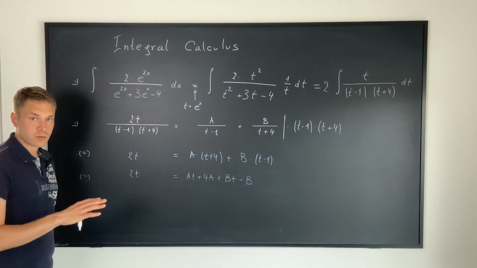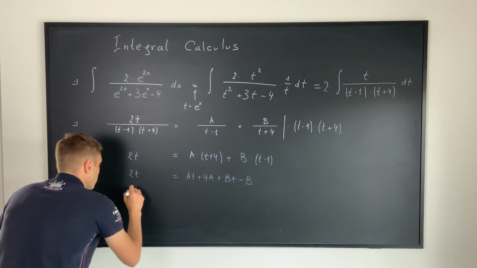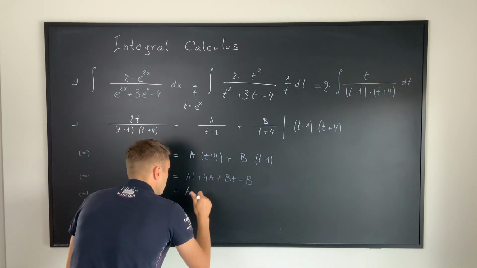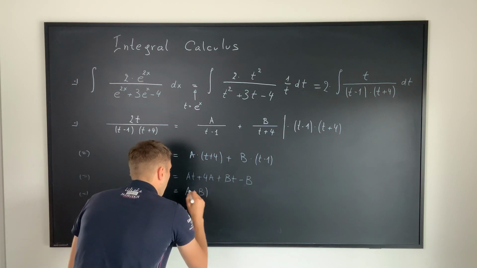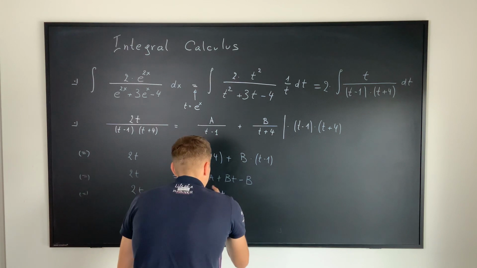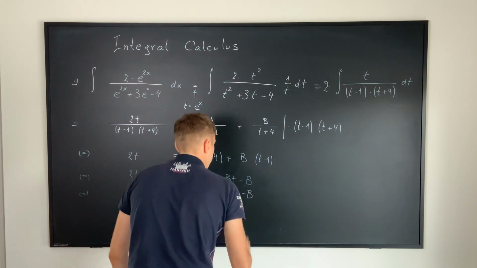So we regroup the two types of terms, and we obtain 2t equals a plus b times t, plus 4a minus b, the remaining terms.